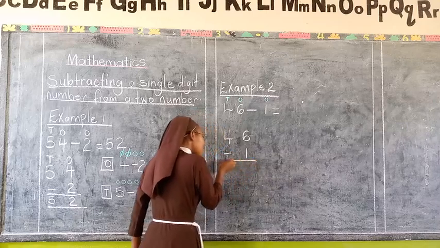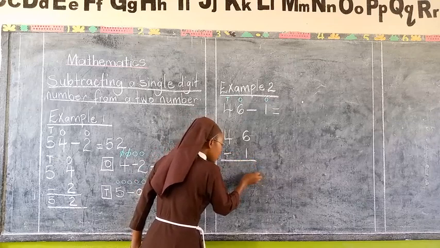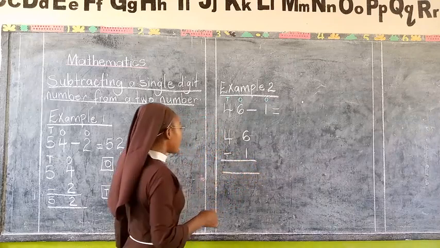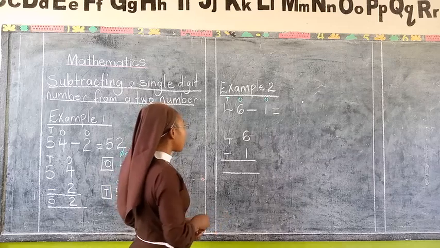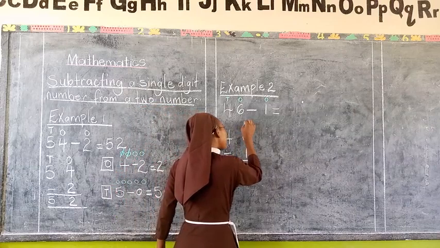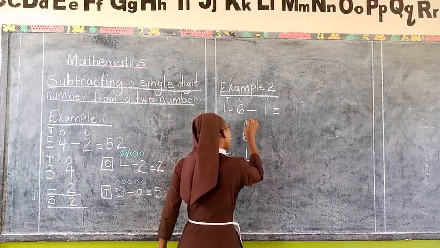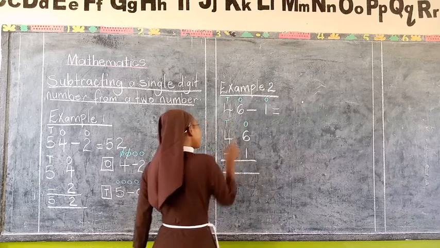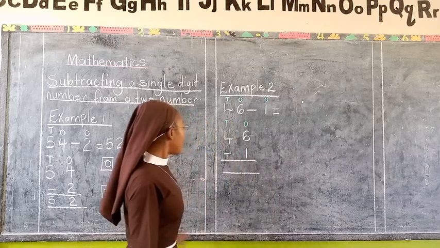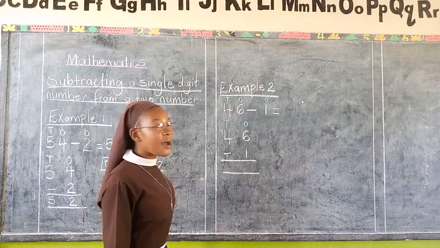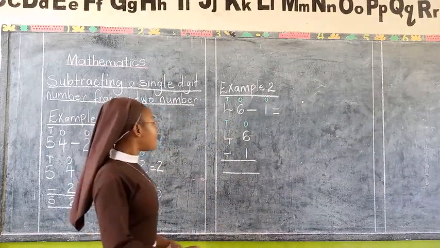Don't forget to write the subtraction sign and draw the equal signs. We shall mark our place value. Here we write capital O, and here we shall write capital T. We have already arranged our digits according to the place values.